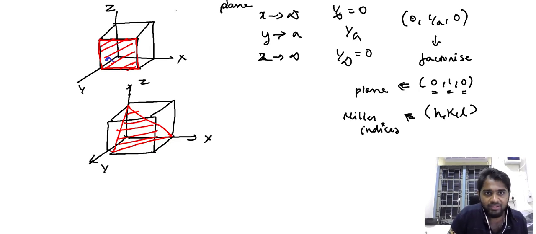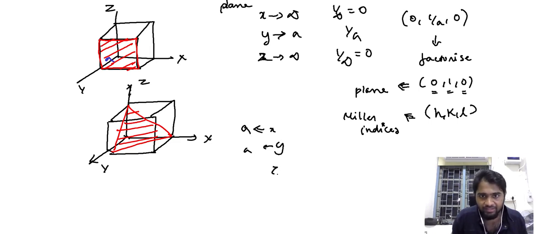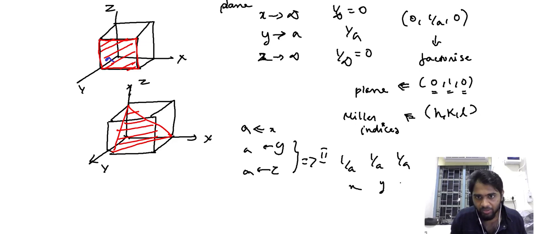Now this plane meets the x axis at A, the y axis at A and the z axis at A. The second step is to take the reciprocal of it, so it will be 1 by A, 1 by A and 1 by A, the reciprocals of x, y and z.